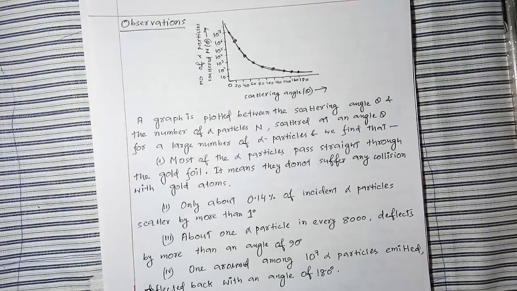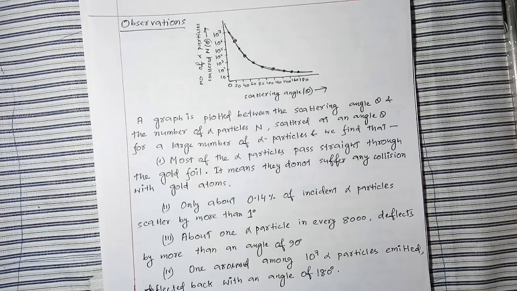What is the next observation? Around 0.14% of incident alpha particles are scattered by more than 1 degree. That means a very small number, because 99% move through the gold foil undeviated without experiencing any deviation or scattering.